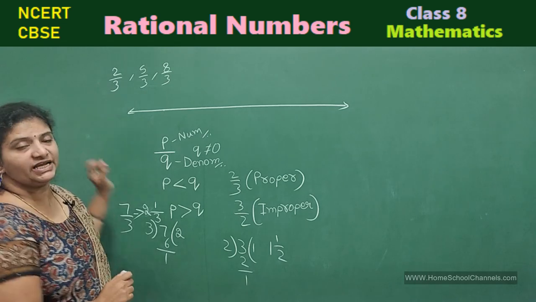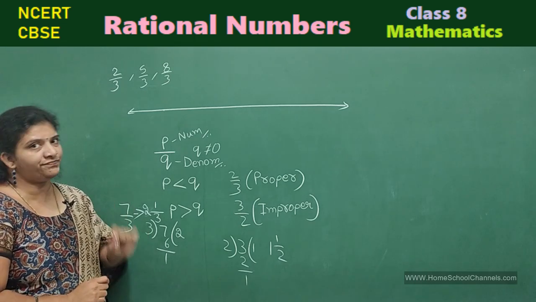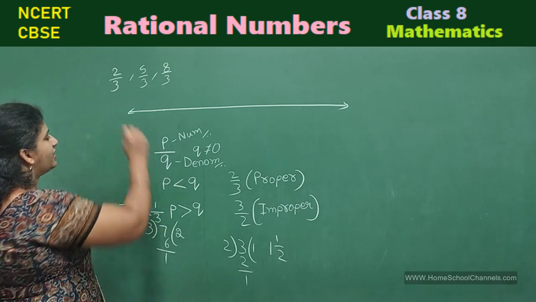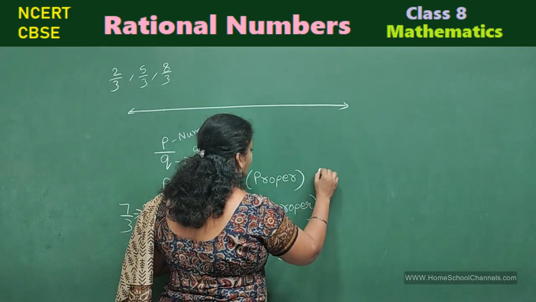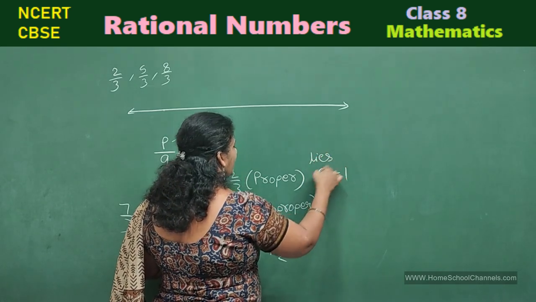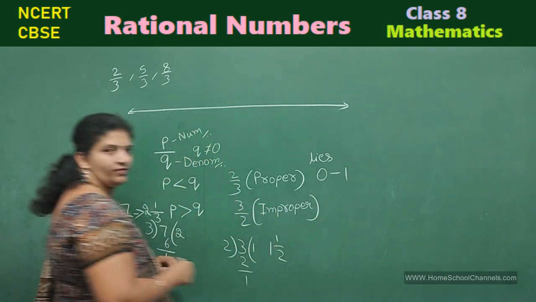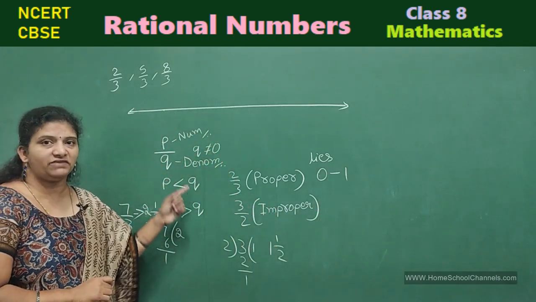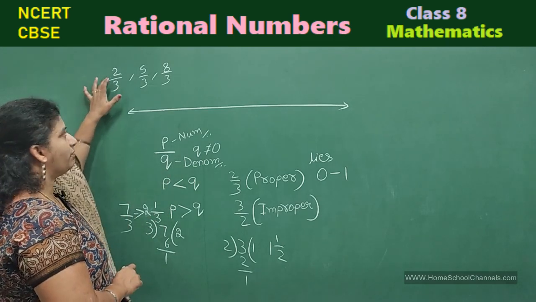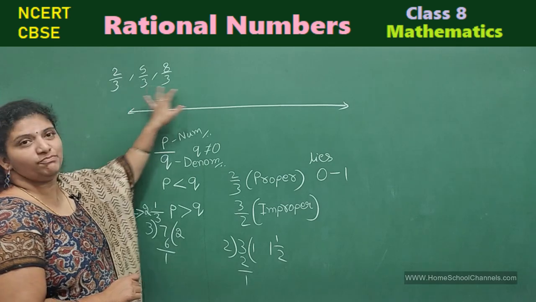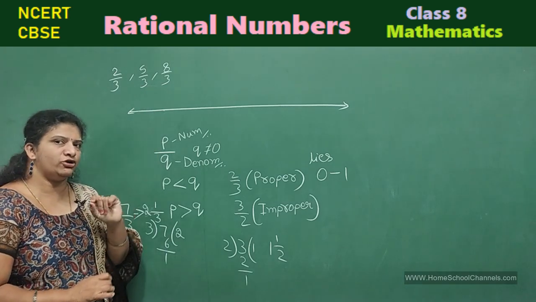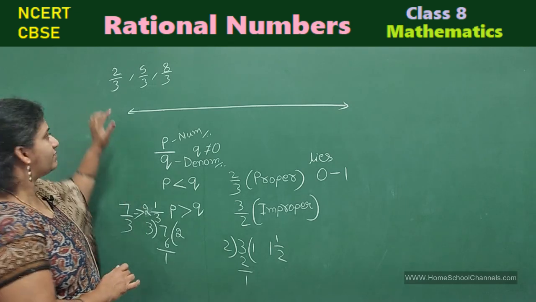Suppose if your rational number is a proper fraction, the proper fraction lies between 0 to 1. So, 2 by 3 proper fraction and these two are improper fractions. 2 by 3 lies in between 0 to 1 and one more thing observe here.